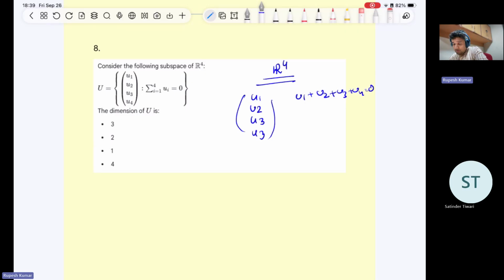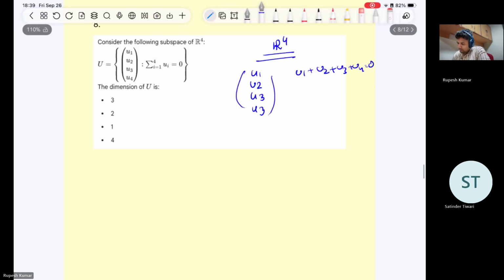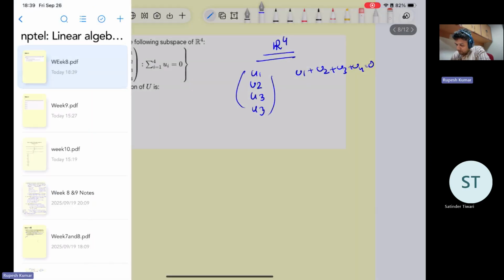So what is the dimensionality of a space, of a subspace? Dimensionality, we already saw this, right?